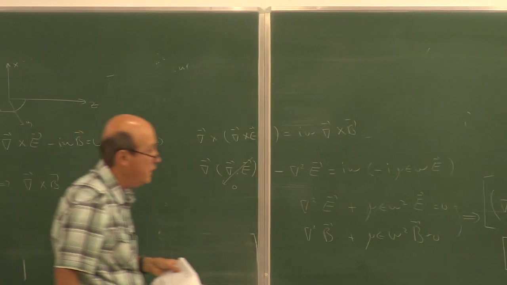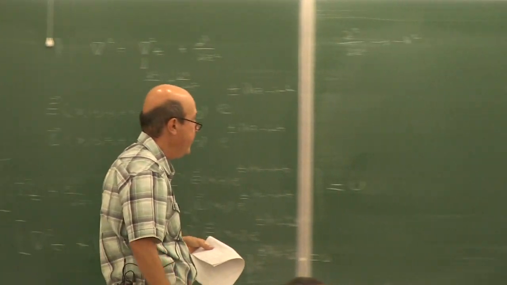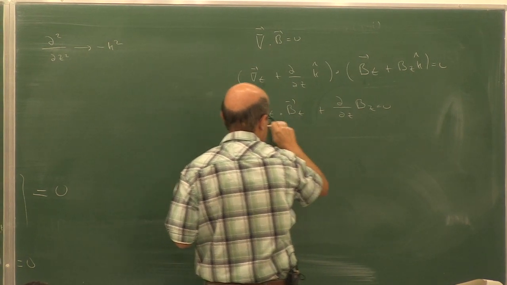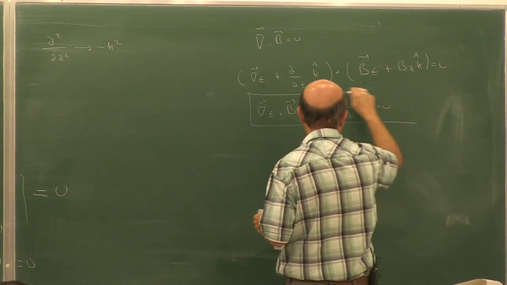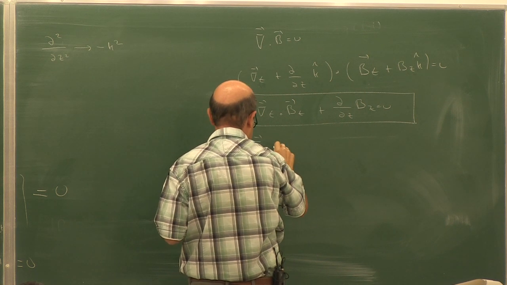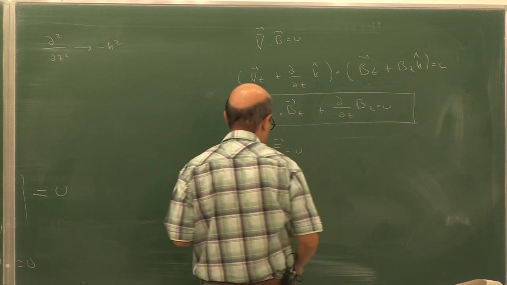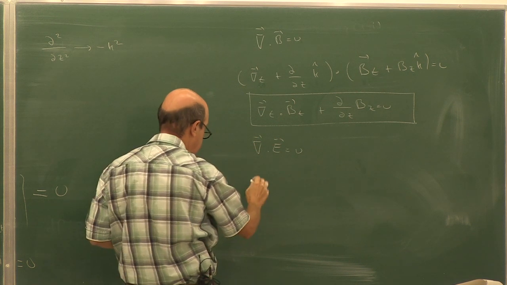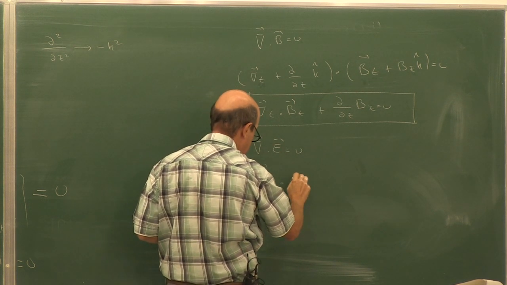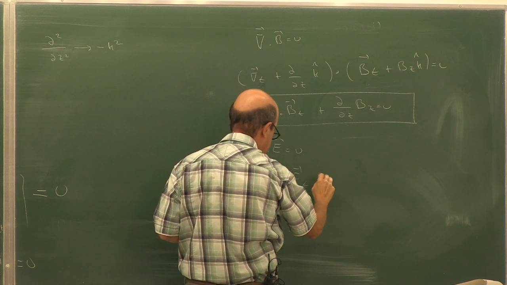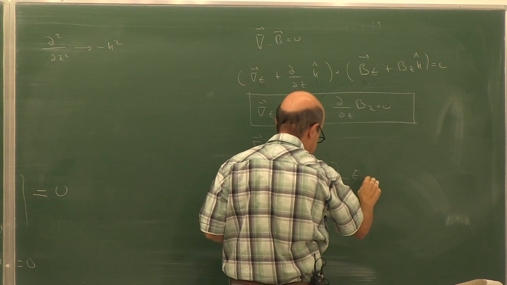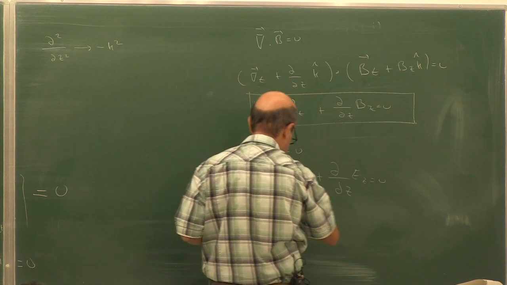And similarly, what will be del dot E equal to 0? That is the divergence of the transverse E, plus del over del z, Ez, has to be equal to 0.